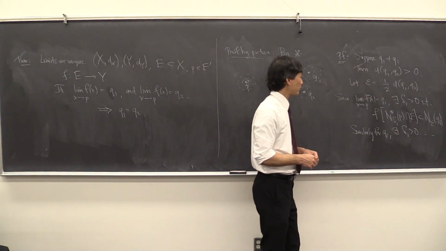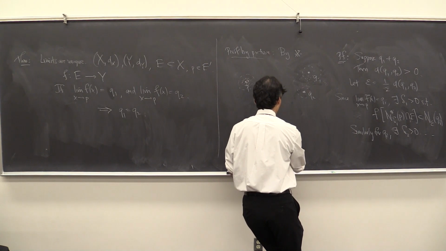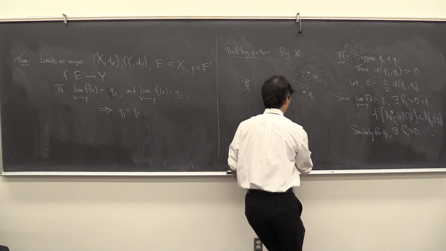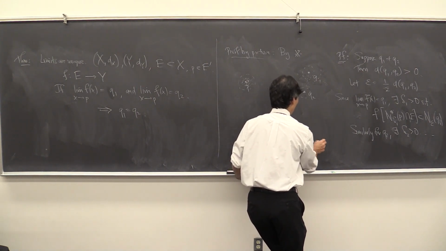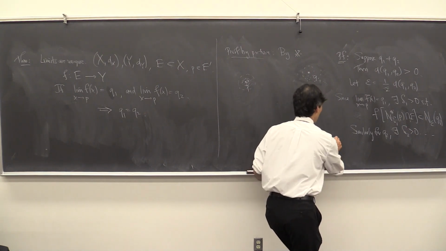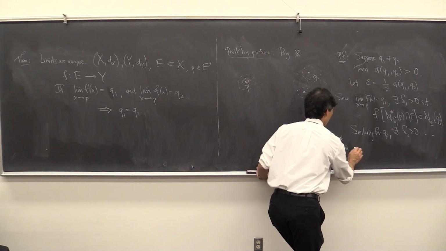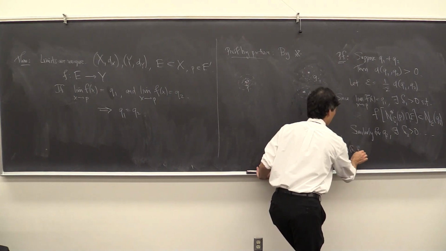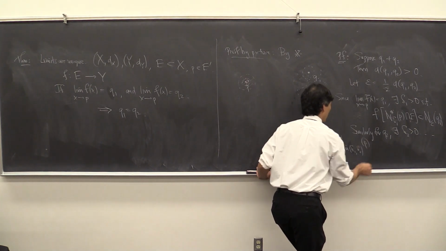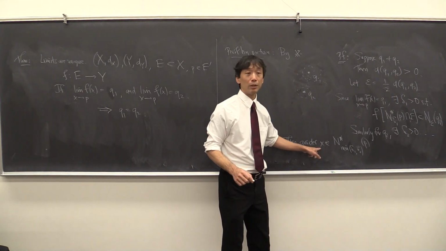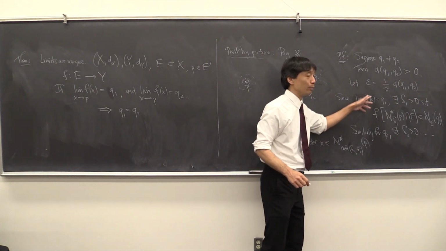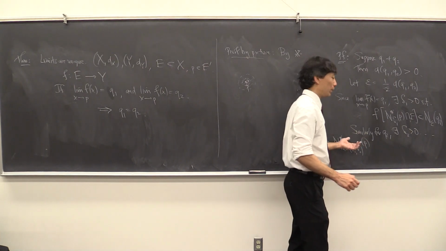But then consider some point in the punctured neighborhood of the smaller of the two. Take somebody who's in the smaller of the two neighborhoods, which lies in both of them.